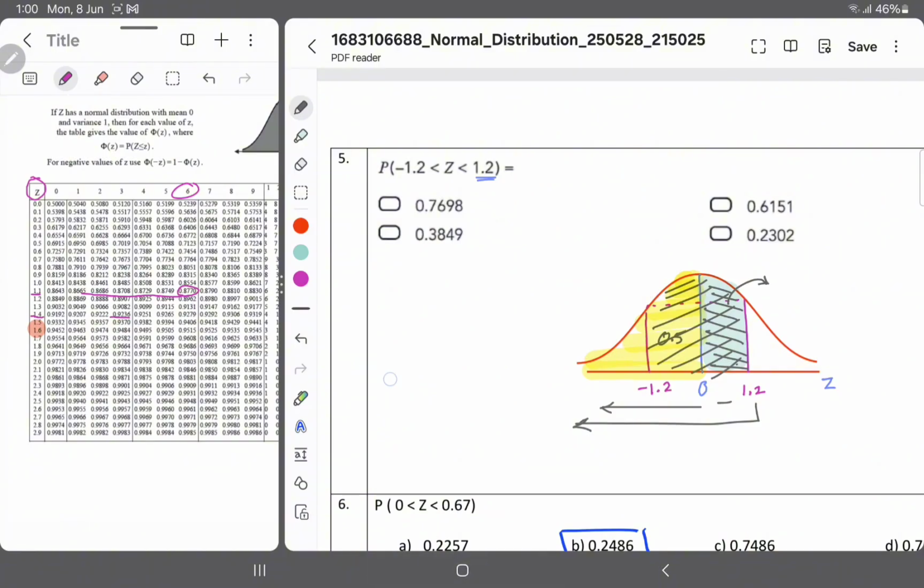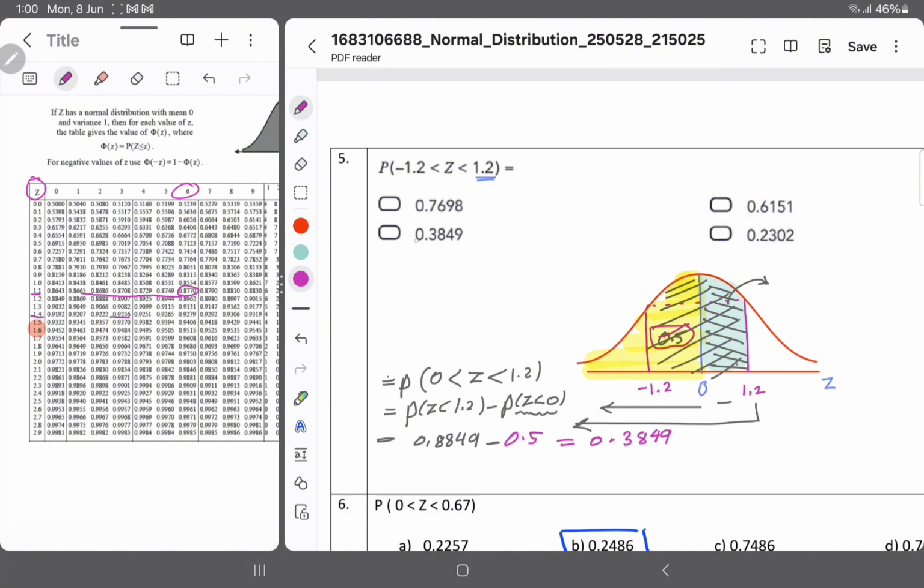So the probability of Z between 0 and 1.2 is equal to the probability of Z below 1.2 minus the probability of Z below 0. From the table, 1.2 gives 0.8849. And everyone knows the probability of Z less than 0 is equal to 0.5. So the final answer will be 0.8849 minus 0.5, which is 0.3849.